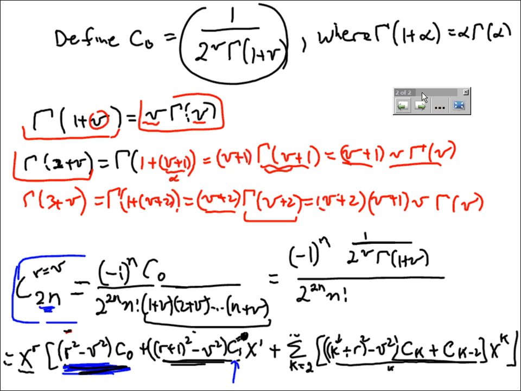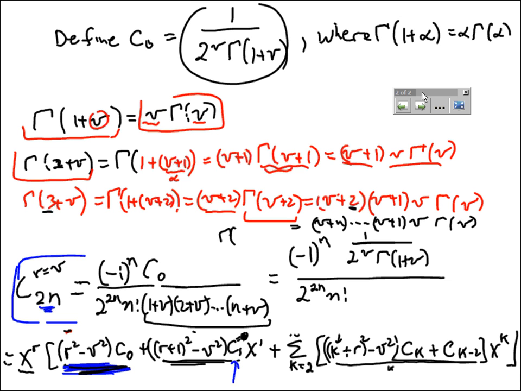If we want to have v plus n all the way down to v plus 1 times v times gamma of v, well then we're going to start off with, if we want to end in n, that has to be one more.